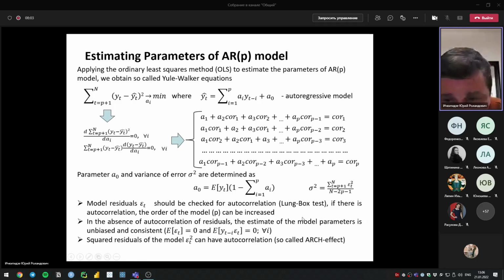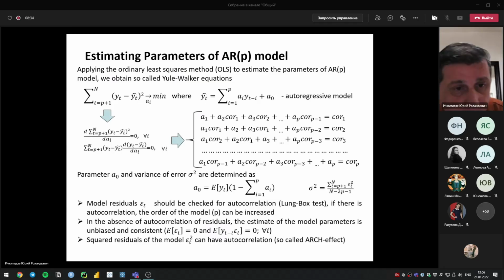Epsilon t squared here is our squared model error. When we use the least squares method to estimate autoregression model parameters, an important requirement is that we still have residuals of the epsilon t model that do not have autocorrelation. This is an important theoretical requirement.